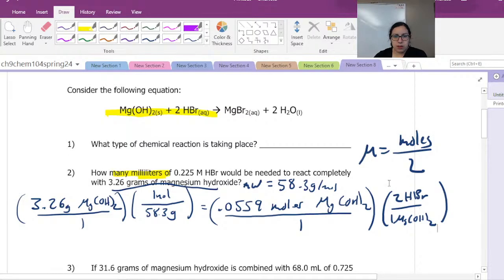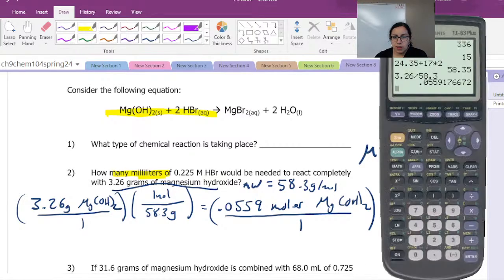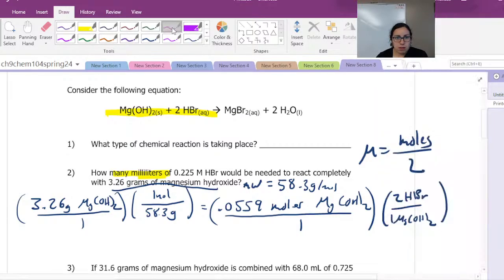So then, right, we need twice as many moles of HBr as we do magnesium hydroxide. So now times 2. So now we have 0.112 moles of hydrobromic acid.